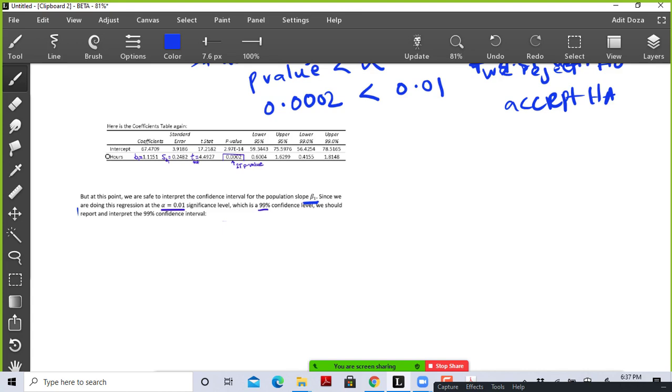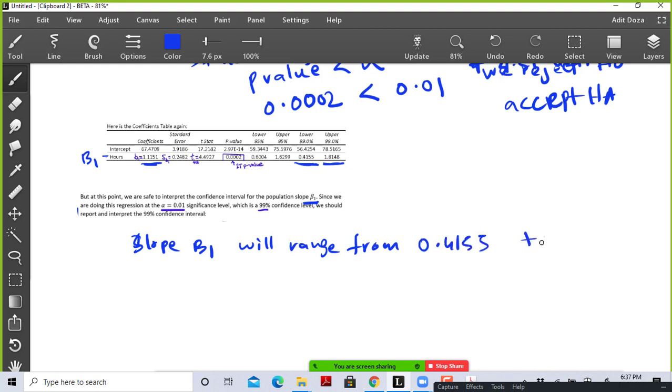Slope beta 1 means this one variable, so they are talking about this slope. It ranges from the lower 99% to the upper 99%: 0.4155 to 1.8148. So it can be between these two points.